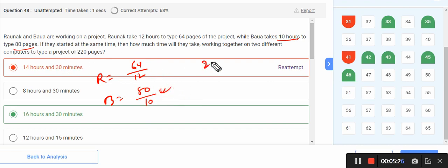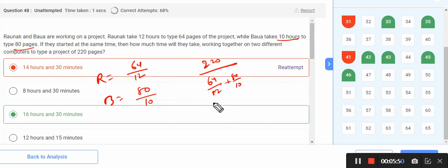They have been given 220 pages together. They are working together, so what will be their efficiency in 1 hour? In 1 hour they'll type this many pages: 64 by 12 plus 80 by 10.